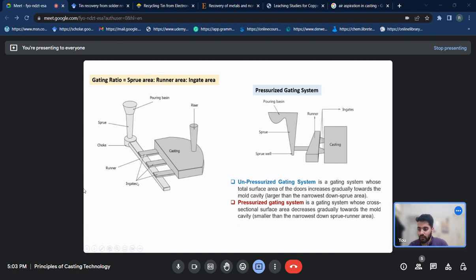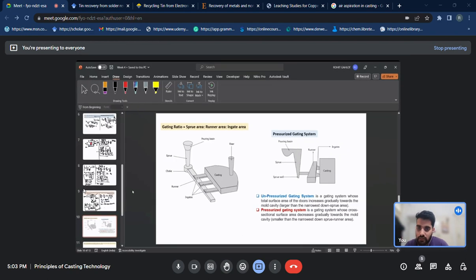Okay, so generally the pressurized gating system is utilized for iron or brass, while the unpressurized gating system is utilized for aluminum and magnesium.